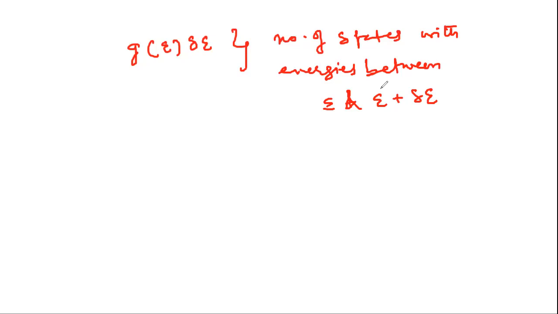So G of epsilon is the density of states function in energy. It is different from G of k.